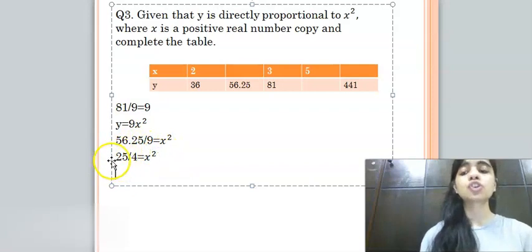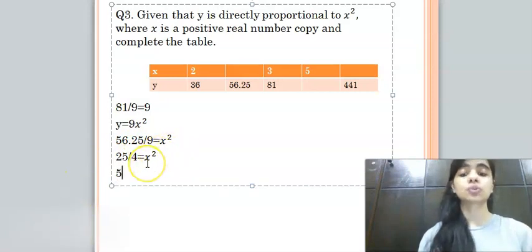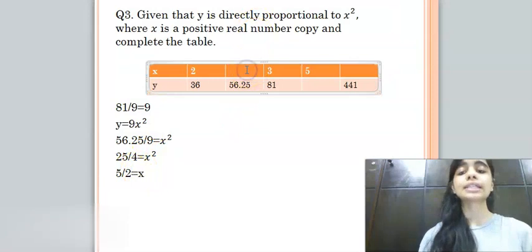So under root on 25 will give me 5, and on 4 it will give me 2. Under root on x square will give me x, as the under root and square cancel out. So my answer for x is 5 upon 2, or I can say 2.5.